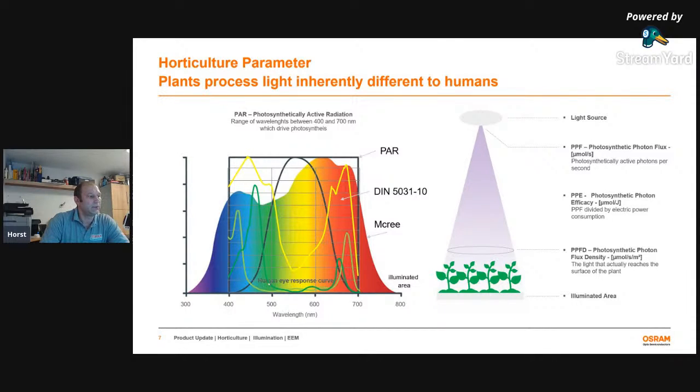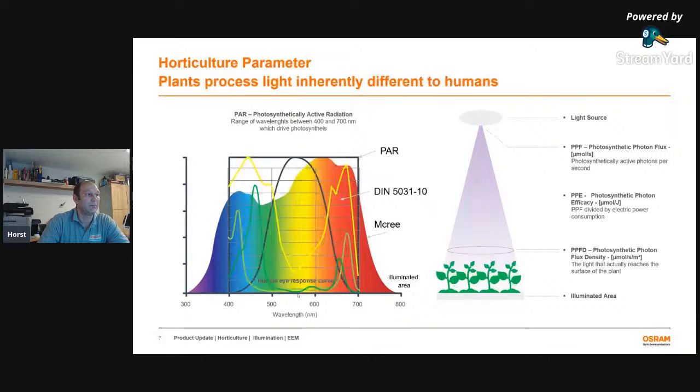But now, if we take a look at these important curves here, which are chlorophyll A and B, these are the receptors for the plant, which are important for growth and for the energy generation in the plant. If I have some red, I get a response. If I have some blue, I also get some response. But imagine I take a low pressure sodium lamp and then I have a yellow peak.